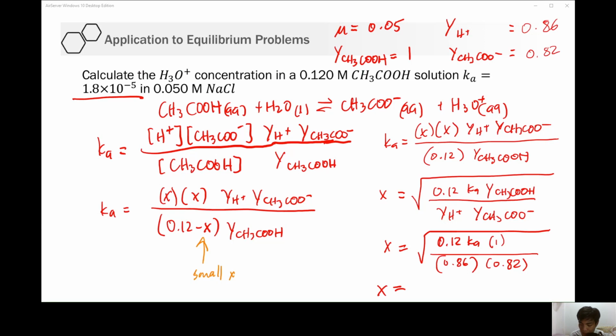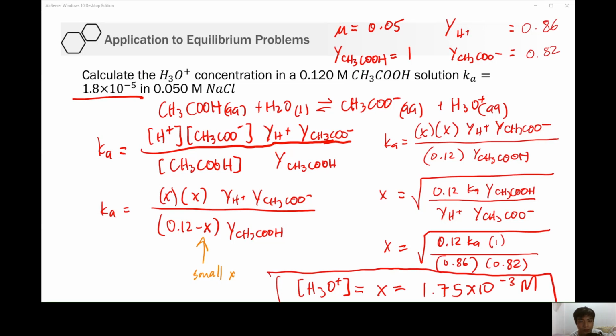So x is equal to the concentration of H3O plus, which is the square root of 0.12 times the Ka times 1 divided by 0.86 times 0.82. So we get an x value equal to 1.75 times 10 raised to negative 3 molar.